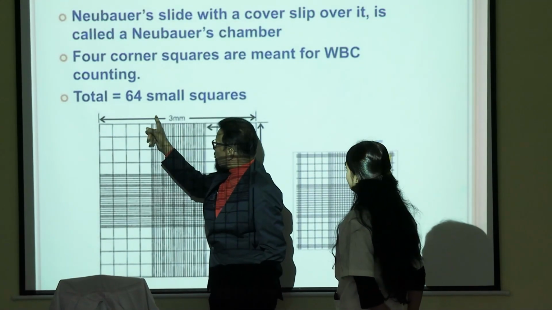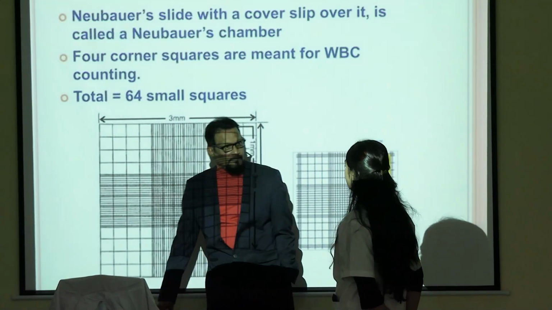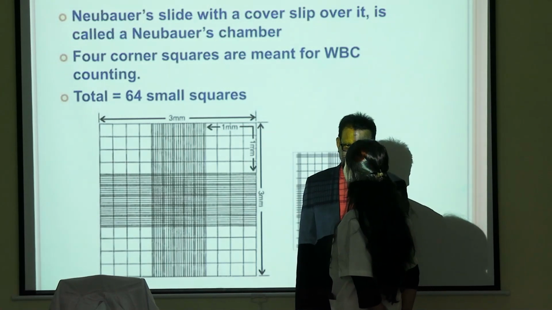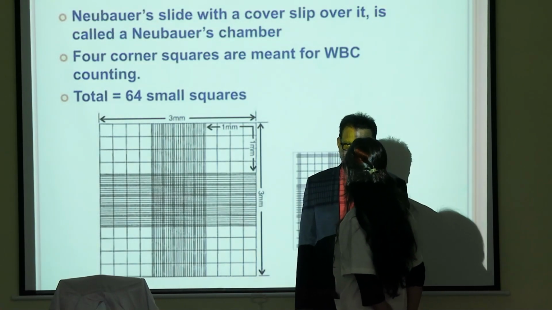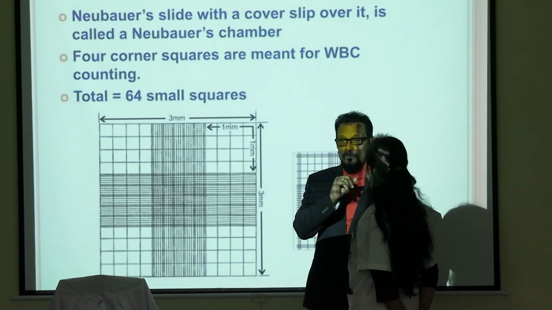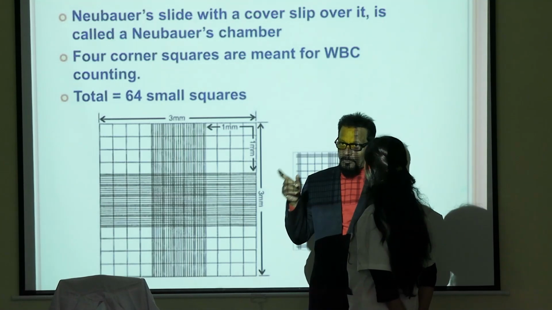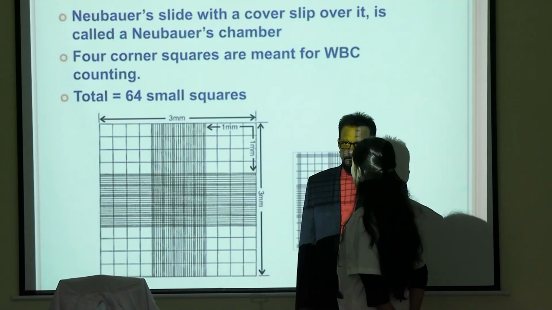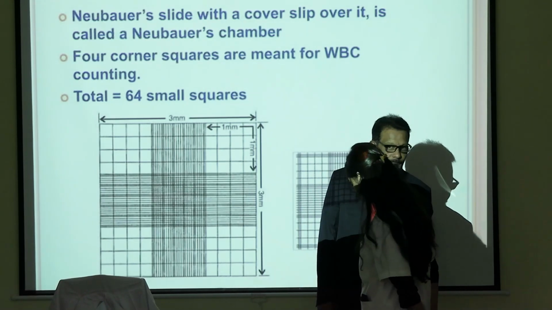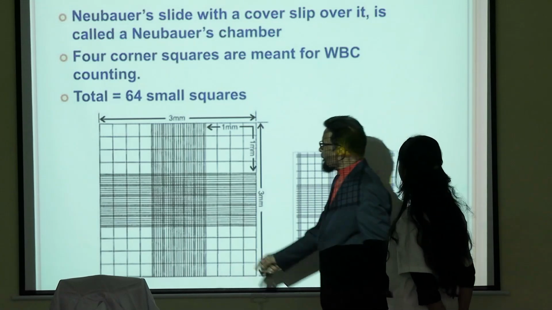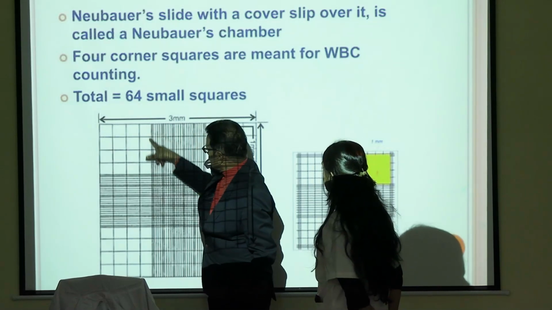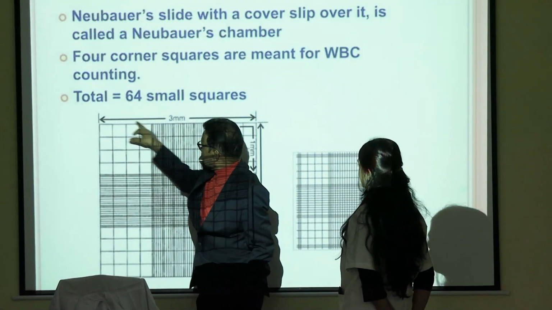You have divided it into how many parts? So what is the length of each part? Be sure. 0.25 or 0.025? 0.25. What is the area of this square?